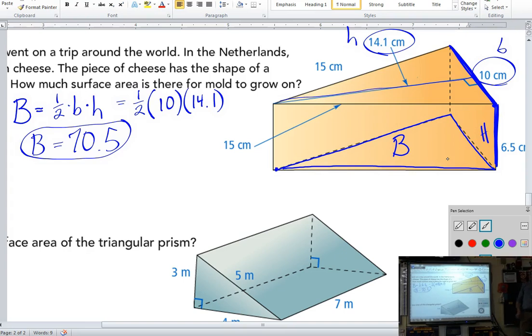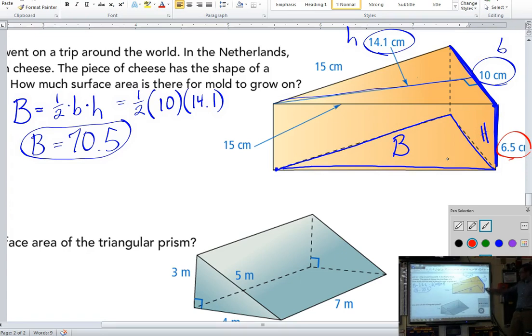Bella, if I look at trying to find the perimeter of the base shape, right there, do you have all three edge lengths for the triangle? They're kind of in weird places. What are they? 6.5? Does that actually relate to the triangle?